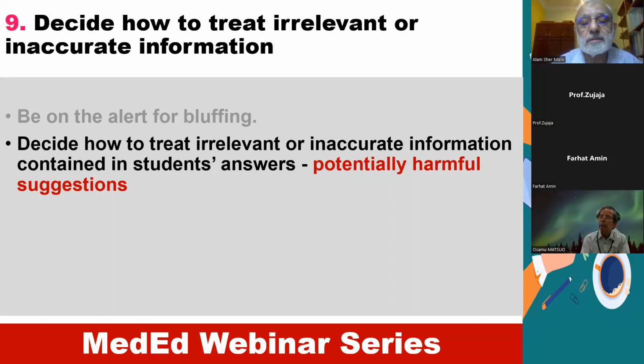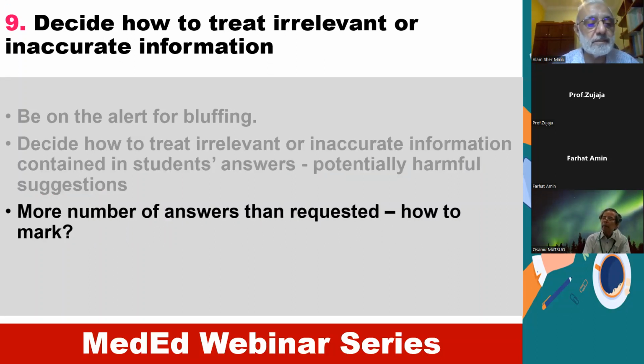One is for wrong answer and the other is for potentially harmful suggestions. If a student has given more answers than required, for example, you are asking for 5 options and the student has given 10, how are you going to mark that?